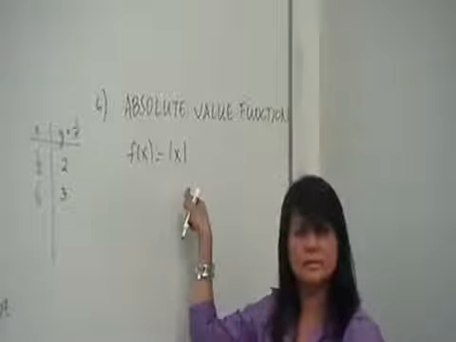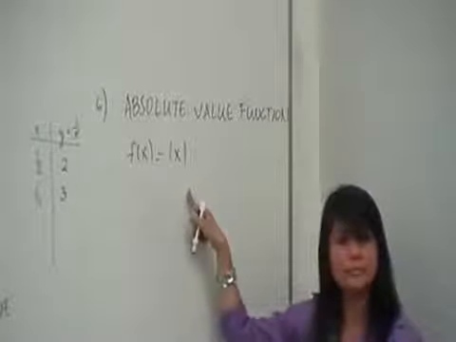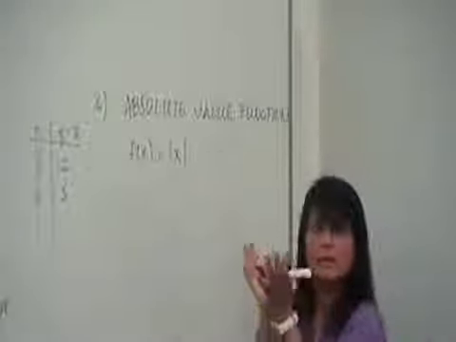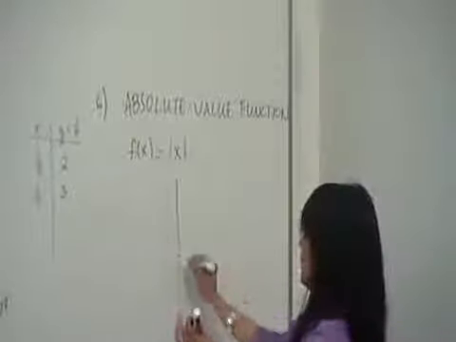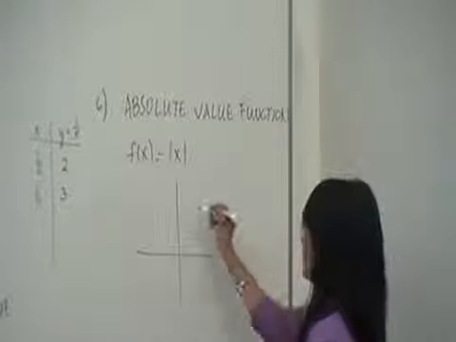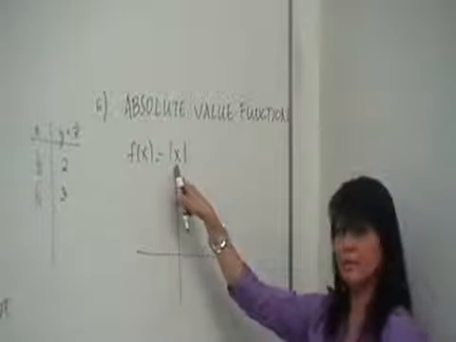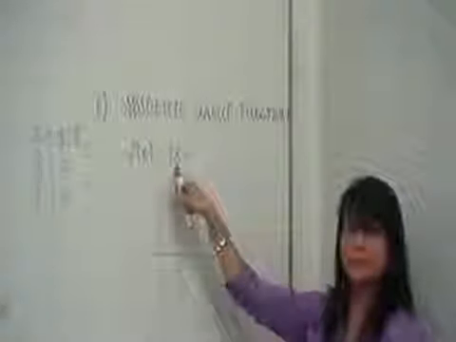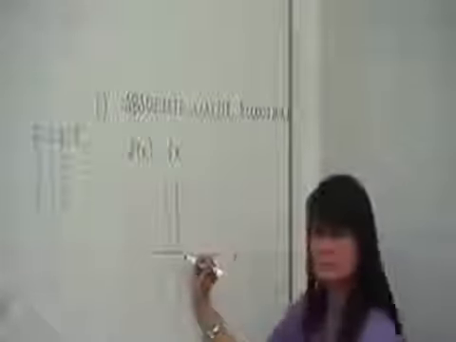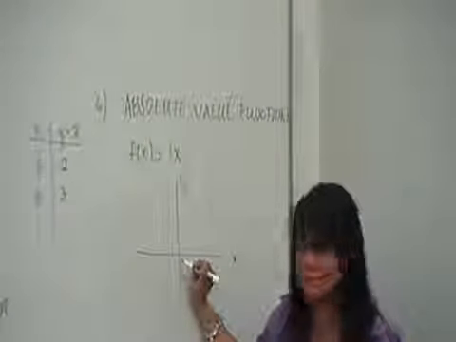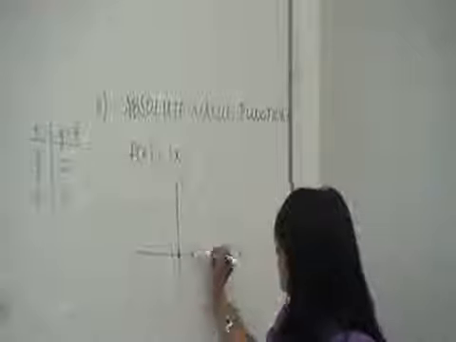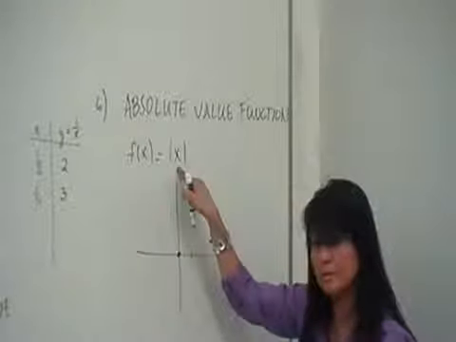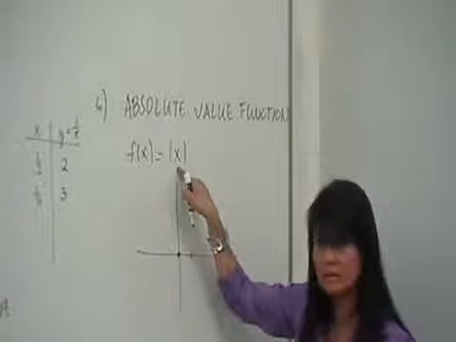Does anybody remember the shape of the absolute value graph? Dana said we did this a while ago. It's V-shaped, right? Well, let's review. Why is it going to be V-shaped? When you put a 0 there, what happens? Absolute value of 0 is 0. If I put a 1 in the x, absolute value of 1 is 1.